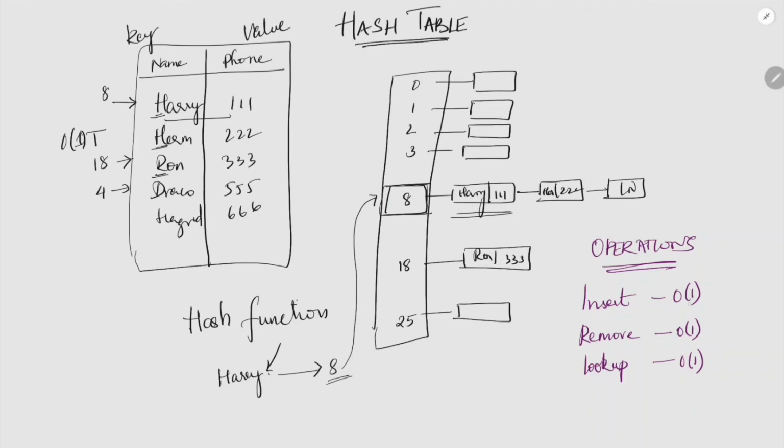But this will be a constant time O of one operation only in case your linked list has just a single value. But in cases where your linked list has multiple values, as in Harry and Hermione, you have to traverse through the linked list to get to a specific key value pair. This happens because your hash function mapped two different key values to the same dynamic array slot.